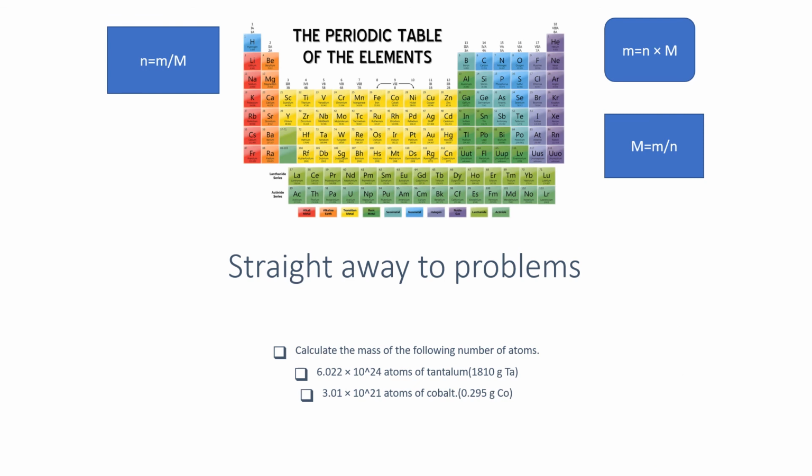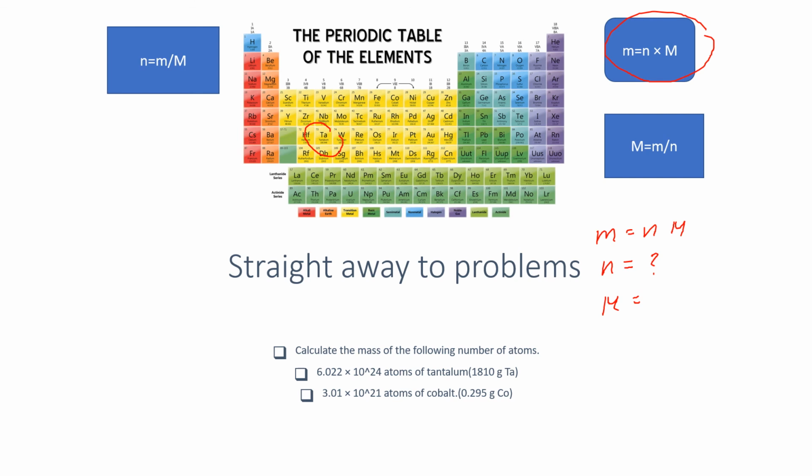Another one, stated problems. Calculate the mass of the following number of atoms. So now they are asking this one, this question here. So it is simple m equals simple n capital M. Simple n we have to find out. Capital M of tantalum is 73, should be somewhere over here.